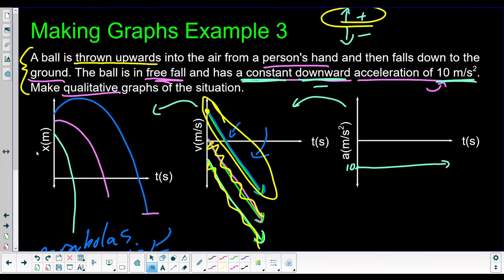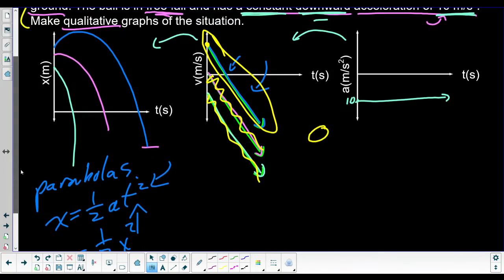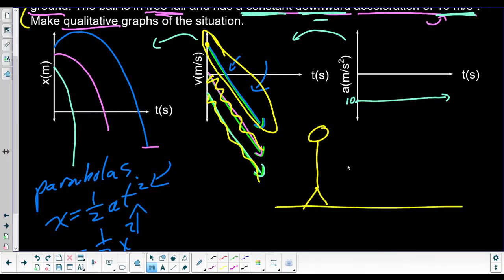Now let's talk about our position time graph. It's thrown up into the air from a person's hand. So maybe it has a little bit of height, right? If we're looking at the situation, this person gives a little toss, it goes like that, and then it's going to hit the ground, right? And they're happy because they're playing ball in the house.